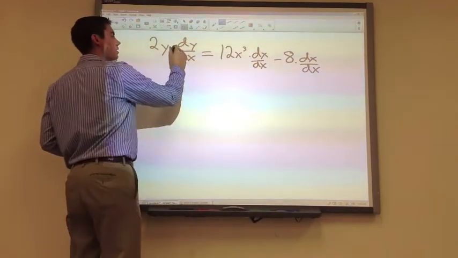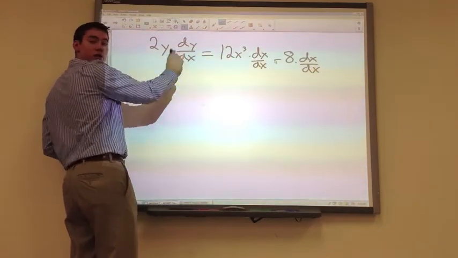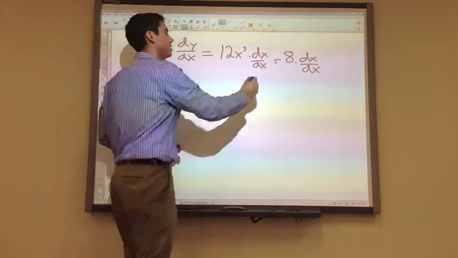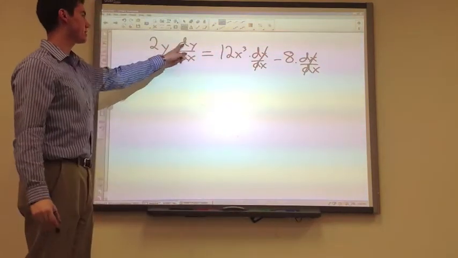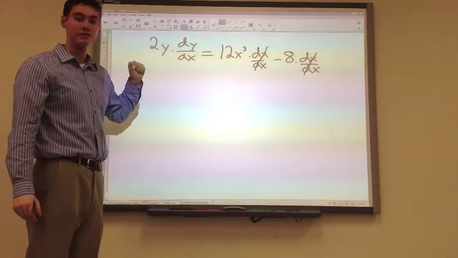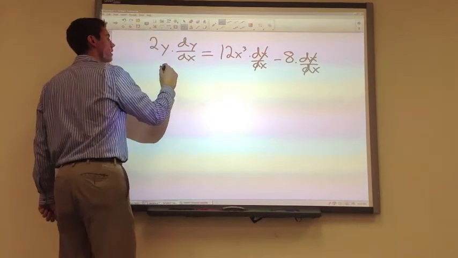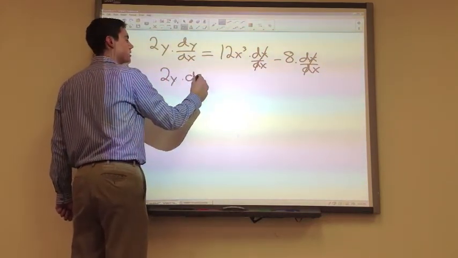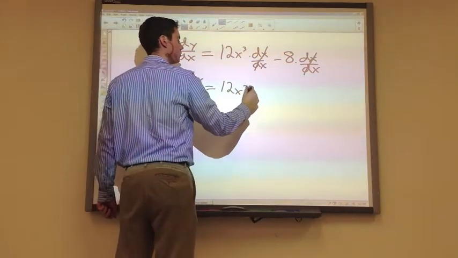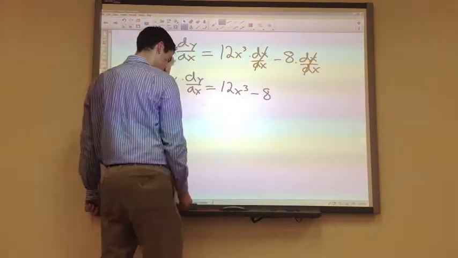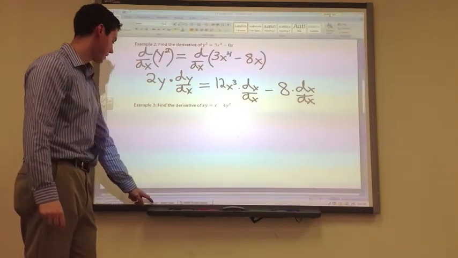So essentially what we're looking for is this expression here isolated. And so dx cancels, dx cancels, and this doesn't go away because dy over dx doesn't reduce into anything. And so over here we're now left with 2y times dy/dx is equal to 12x cubed minus 8. Make sure that I'm saying that correctly.